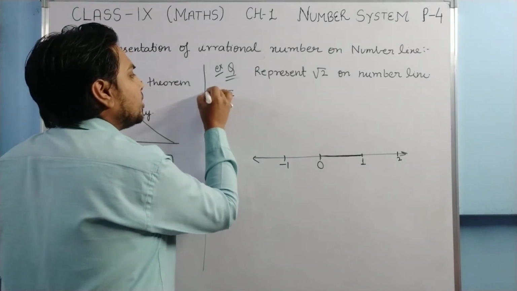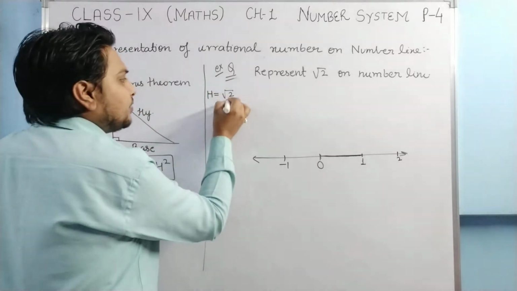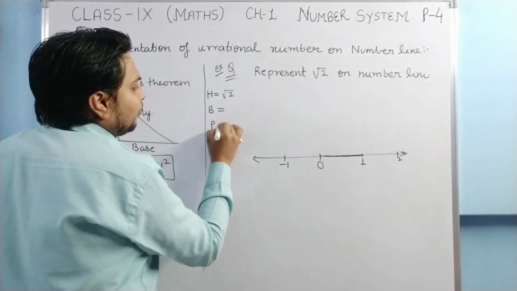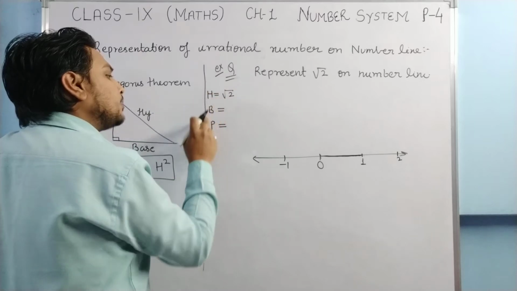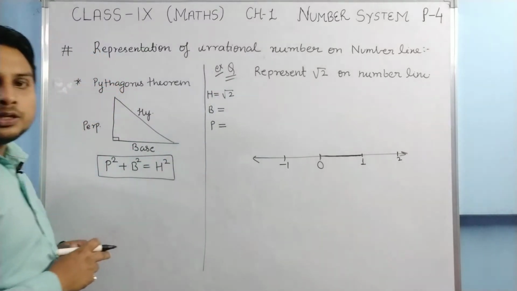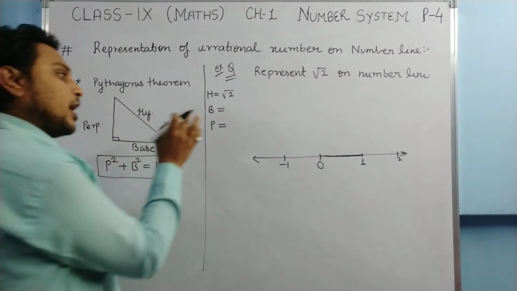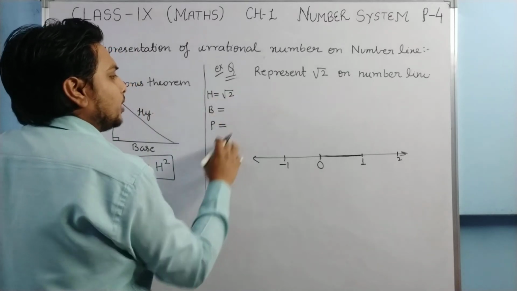If we suppose that the hypotenuse is under root 2, then for this value we have to take the values of base and perpendicular such that base, perpendicular and hypotenuse follow the Pythagoras theorem.